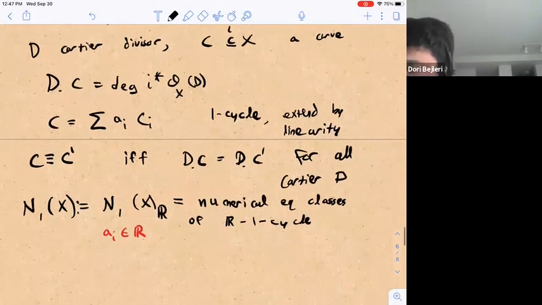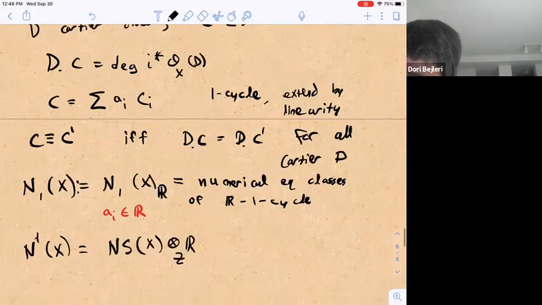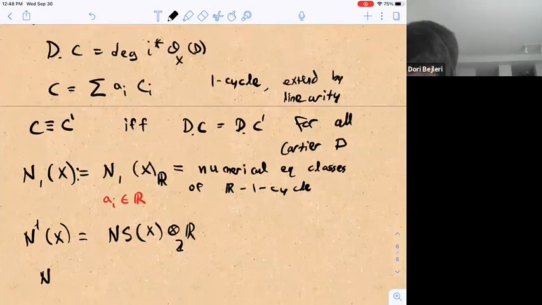On the other hand, now we also have a different vector space, N upper one, for divisors, which is the Néron-Severi tensor R, where this Néron-Severi group is divisors up to algebraic equivalence.